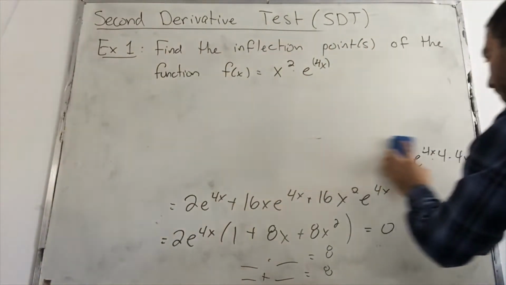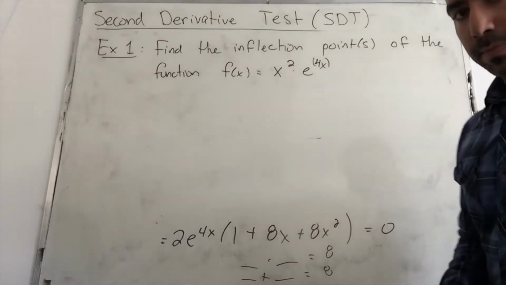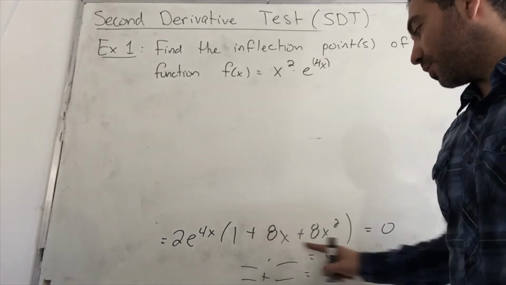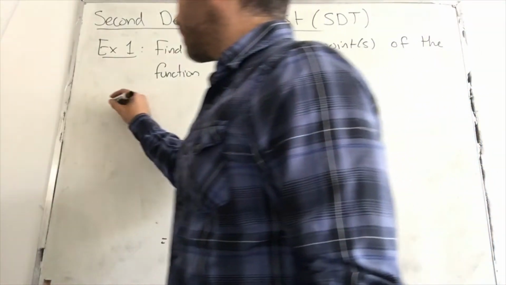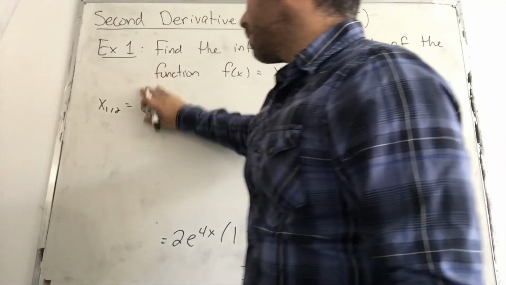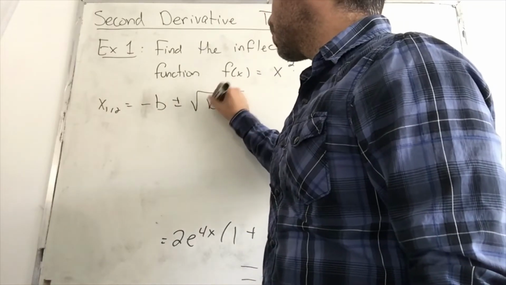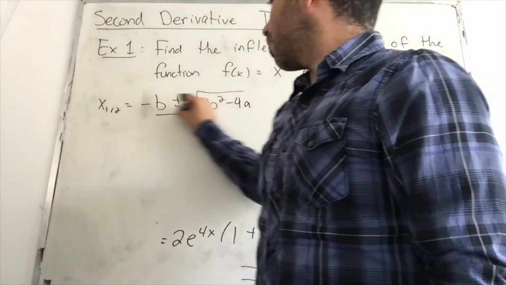So let's go ahead and do that. Let's solve this using the quadratic formula. The quadratic formula is x1,2 equals minus b plus or minus the square root of b squared minus 4ac, over 2a.